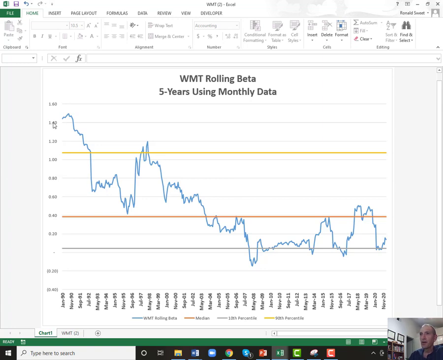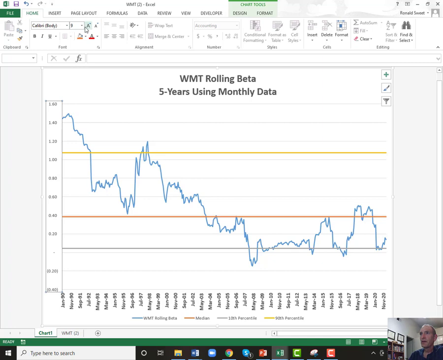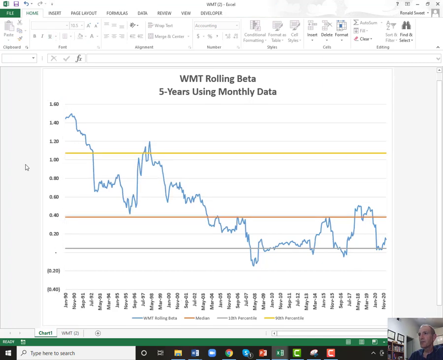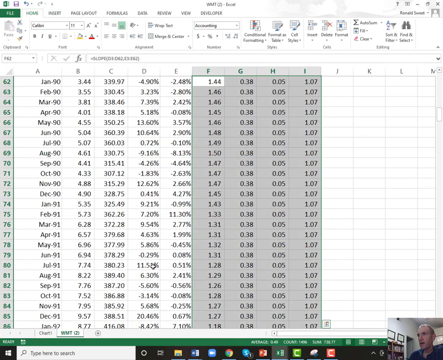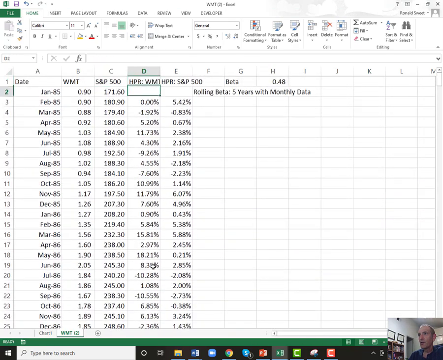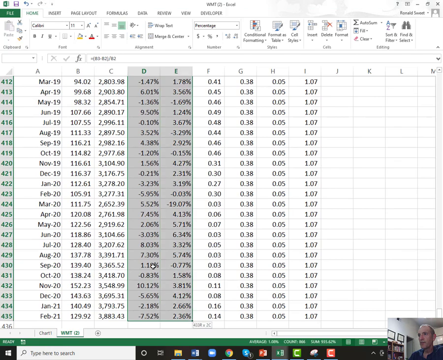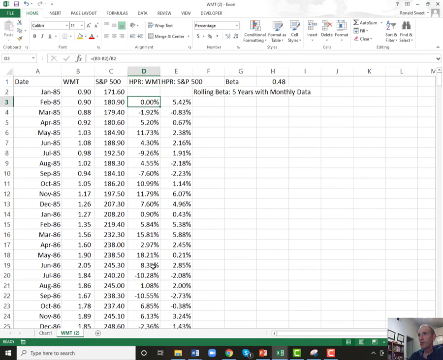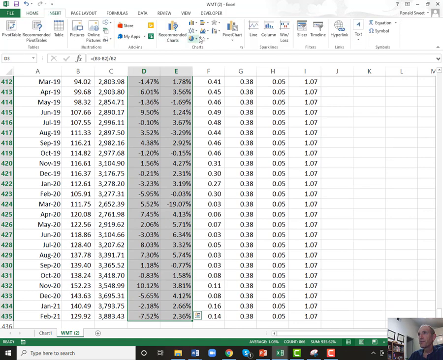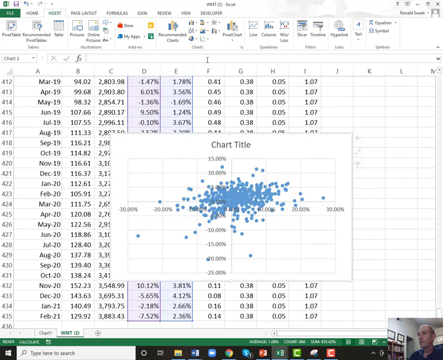All right, so we can always clean this up some, put some bolding in there, just make it a little easier to read. But this is the chart you want to get into your paper. Now, if you took another finance class, not from me, but from somebody else, you might have done this, where you highlighted the returns of your company. So here are the returns of Walmart, returns of S&P 500, and you inserted an XY graph.